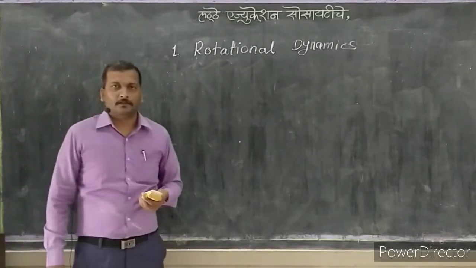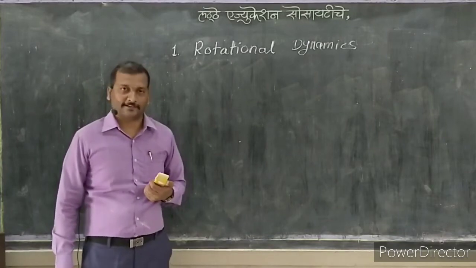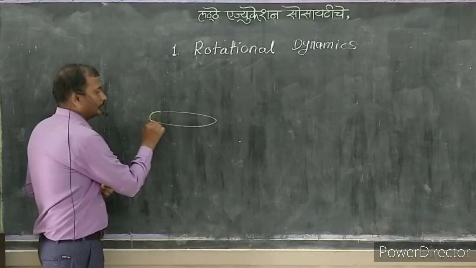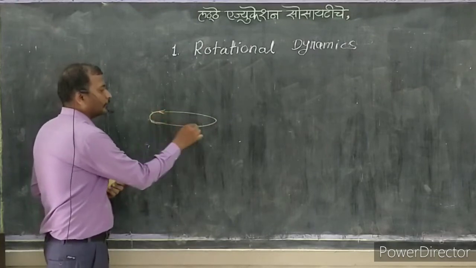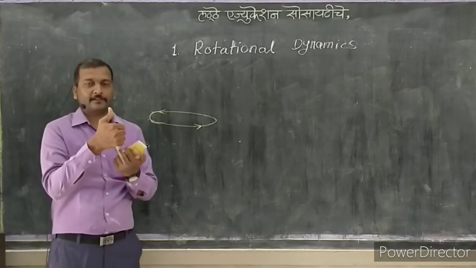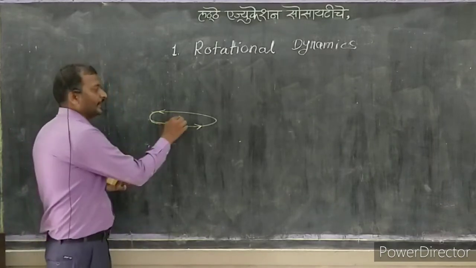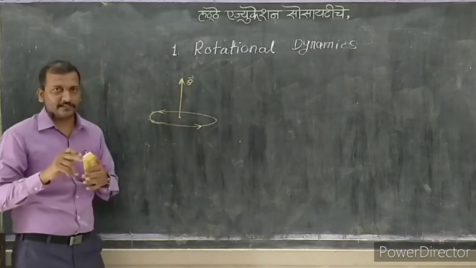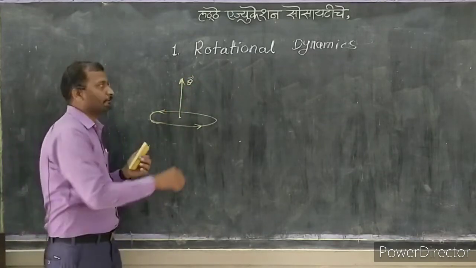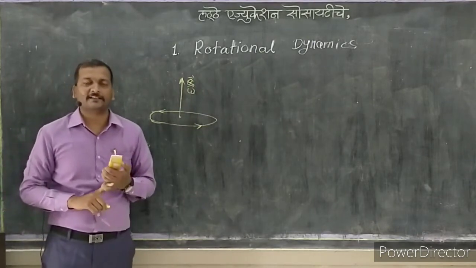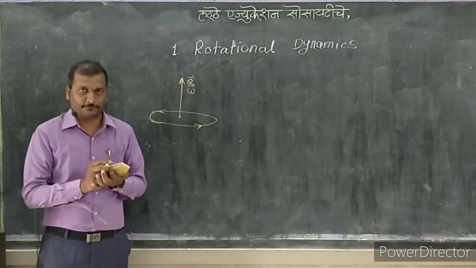Now, what about the direction of the angular acceleration? Consider a particle moving in the anticlockwise direction. Then the angular displacement is given by the right hand rule, and it will be in the upward direction. Similarly, the direction of the angular velocity will be upward. Consider a particle in non-uniform circular motion, speeding up or slowing down.